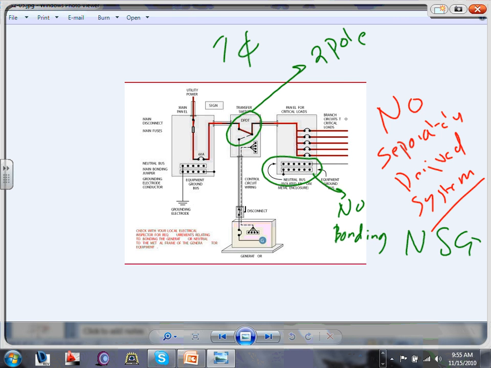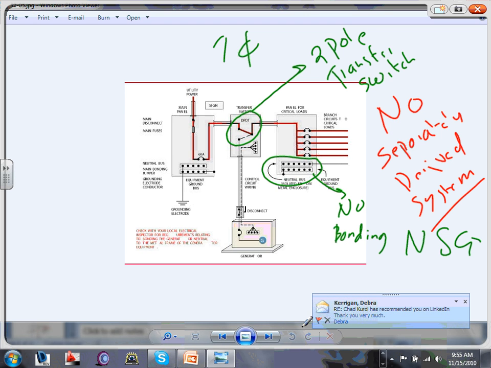Two-pole transfer switch. Why do I have a two-pole transfer switch if it's single phase? Because I'm transferring only phase A and phase B, or hot A and hot B, or hot 1, hot 2. Because it's a non-separately derived system.